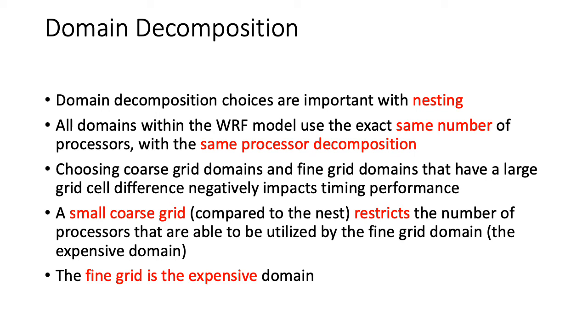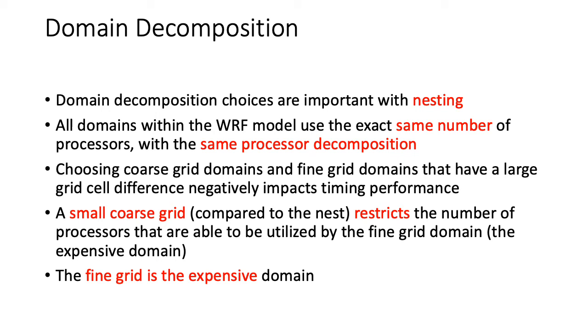If you choose coarse grid domains and fine grid domains that have a big difference in the number of grid cells, this will negatively impact your timing performance. A number of users incorrectly choose to have a relatively small coarse grid and have a relatively large fine grid.